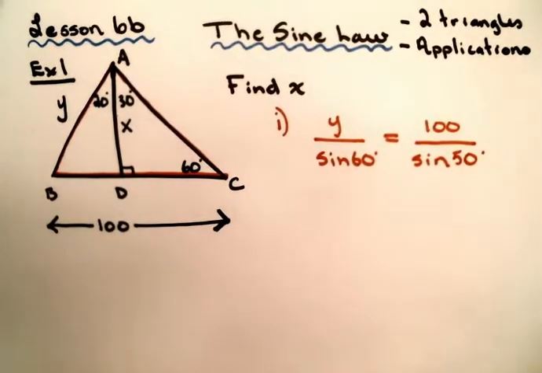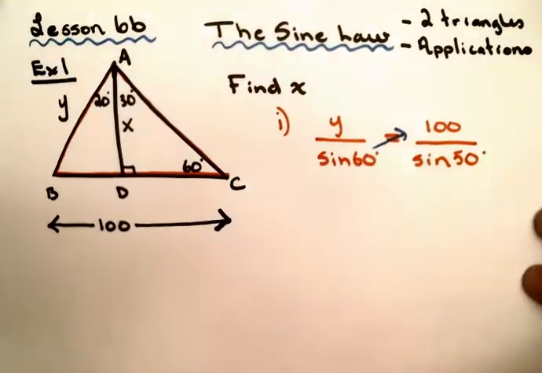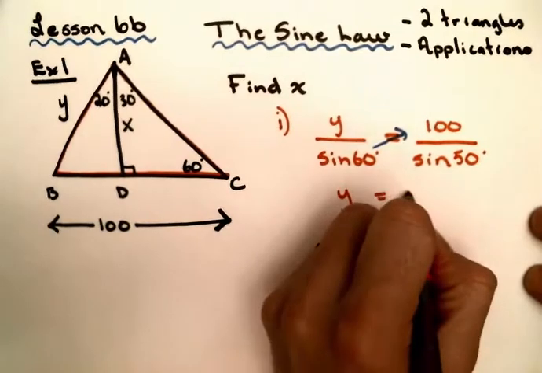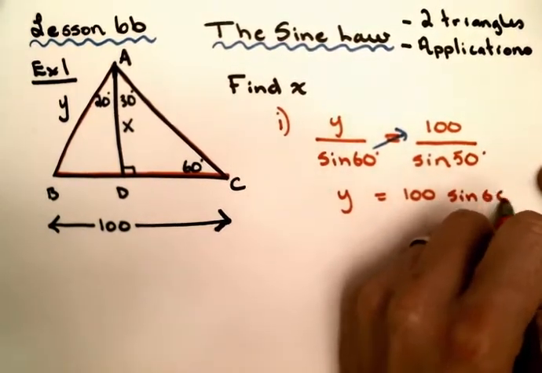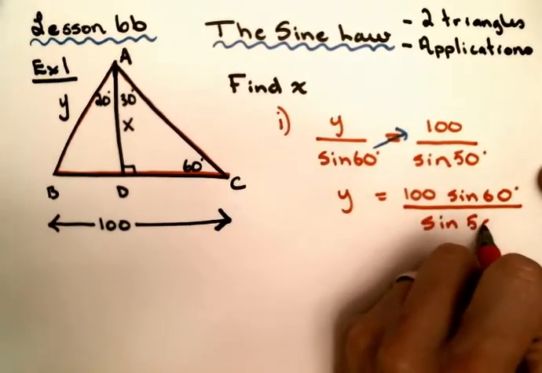And we can solve this by cross multiplying, and we get the following. So Y equals 100 times sine 60, all divided by sine 50.